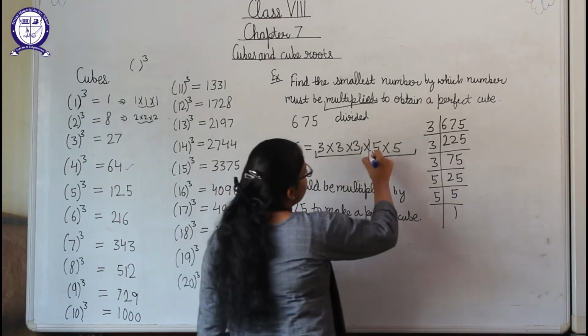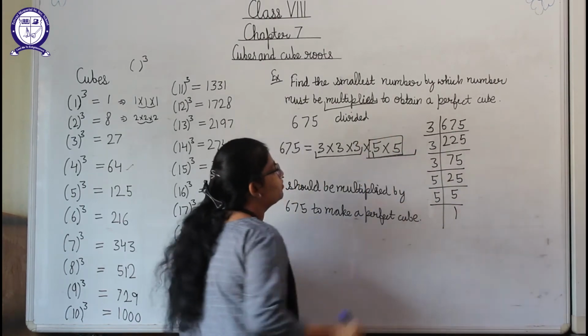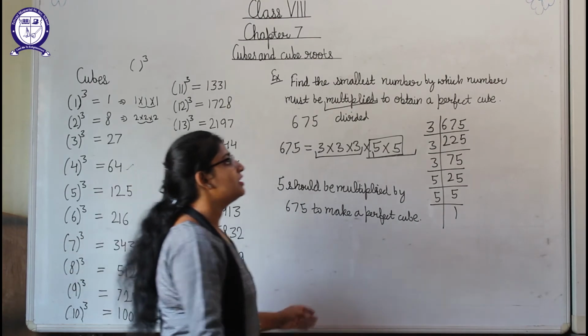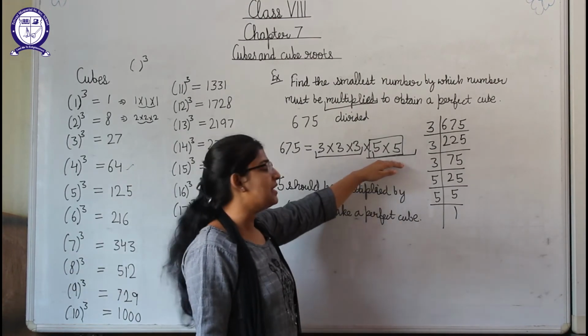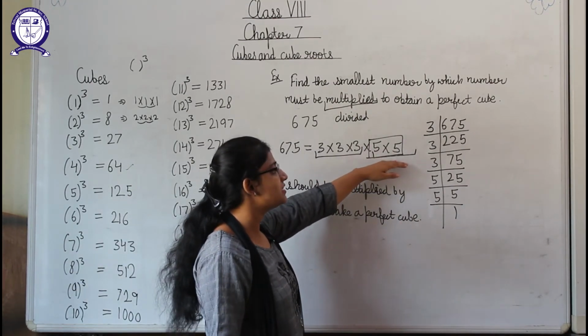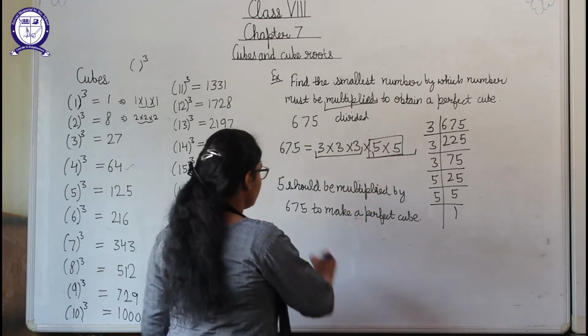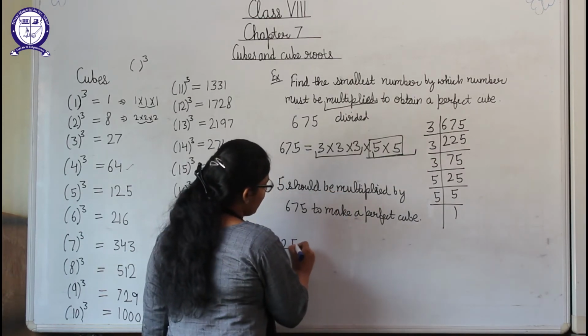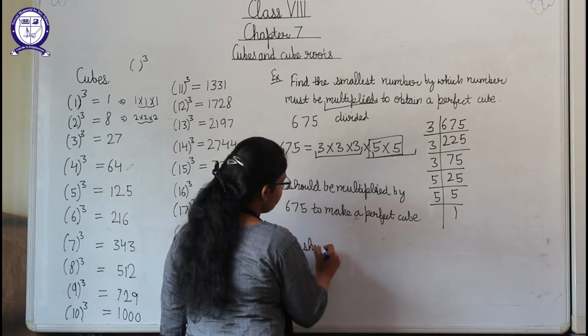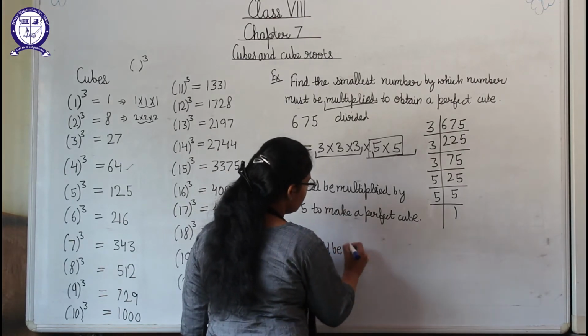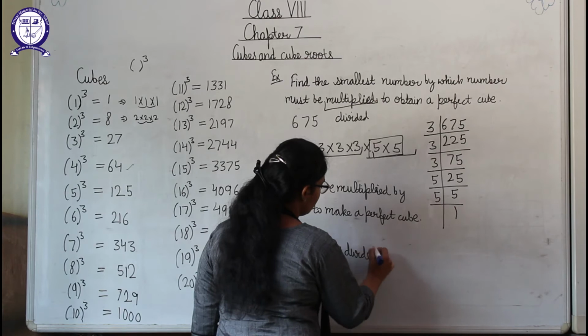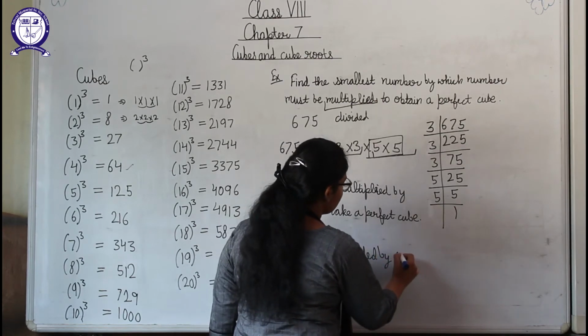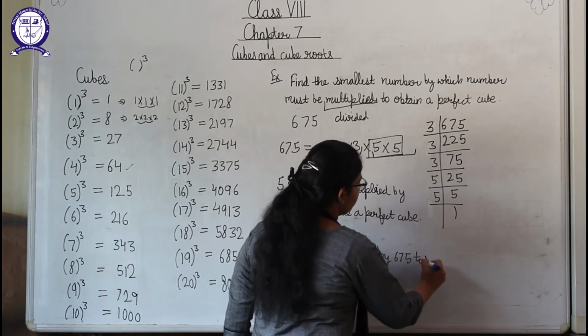So we will eliminate this 5 into 5, this incomplete group. So 5 5s are 25. So we will write for our next question that 25 should be divided by 675 to make a perfect cube.